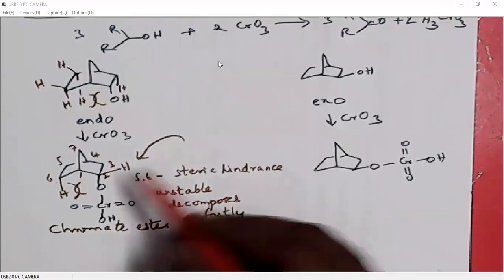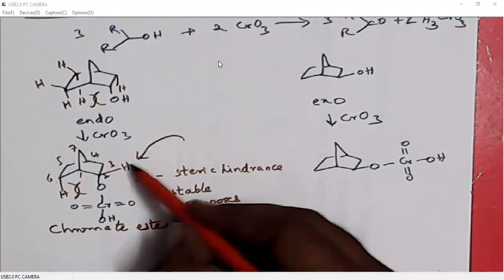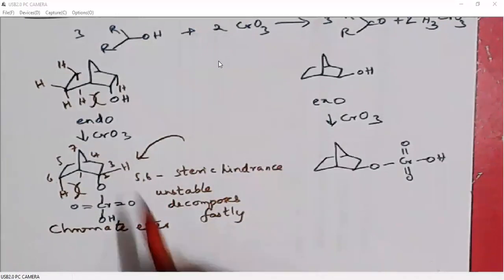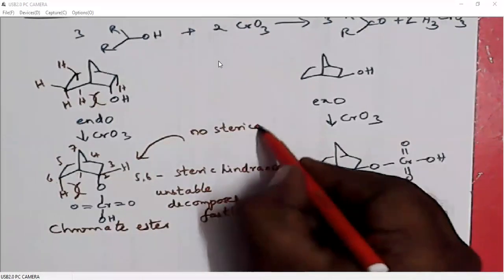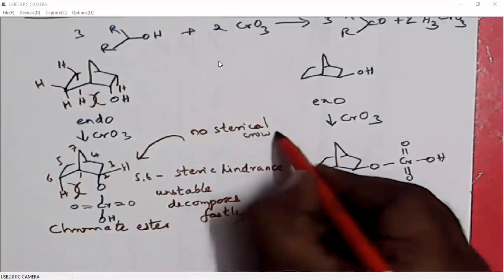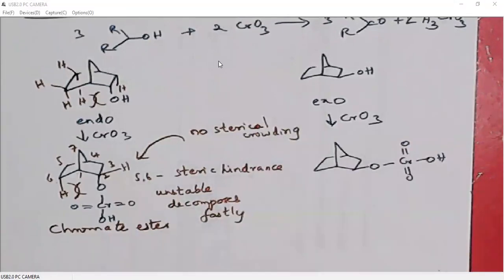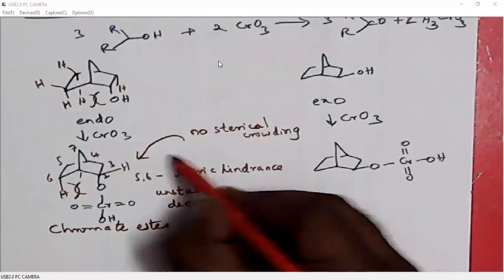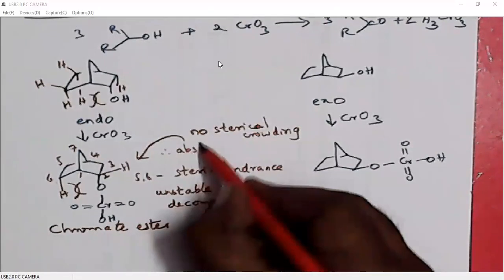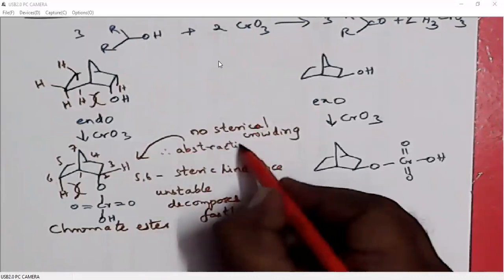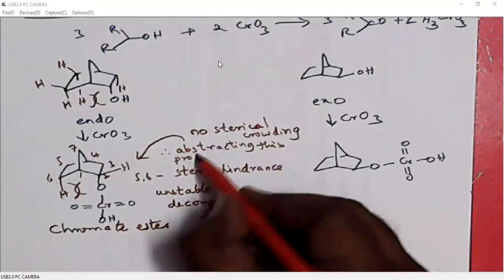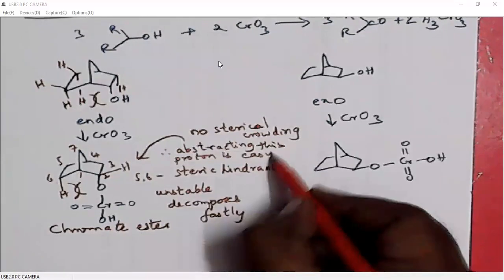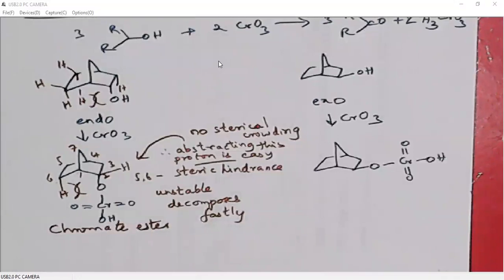If it is sterically crowded, approach of the base to this proton is difficult. But here we do not have any steric crowding problem. Therefore, abstracting this proton is easy.